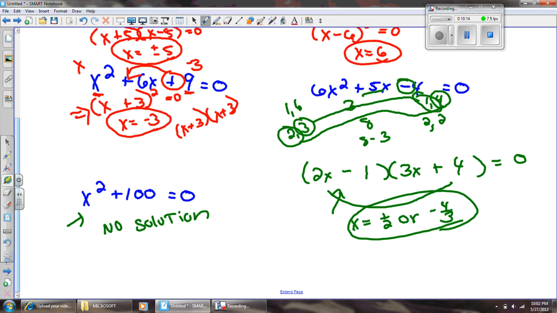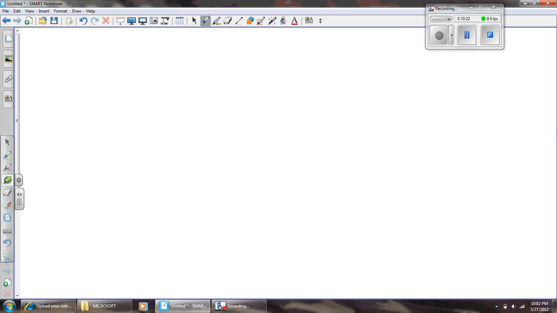All right. One other thing to watch out for, the problems that have more than one type of factoring embedded in them. For example, 18x cubed minus 8x. Factor that completely. Well, I know there's a GCF of x.